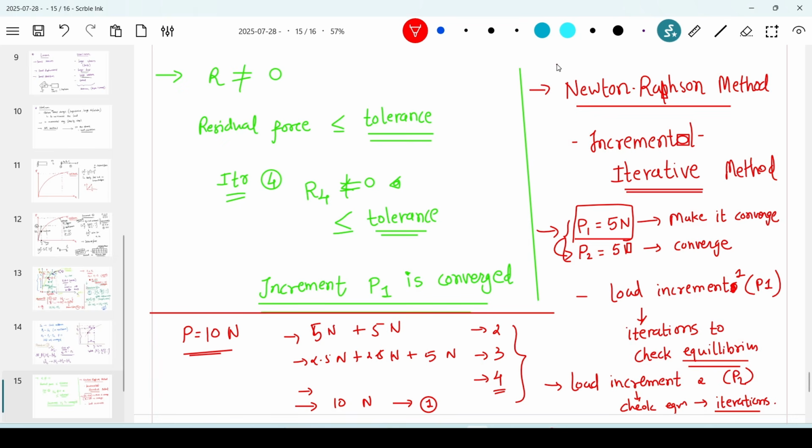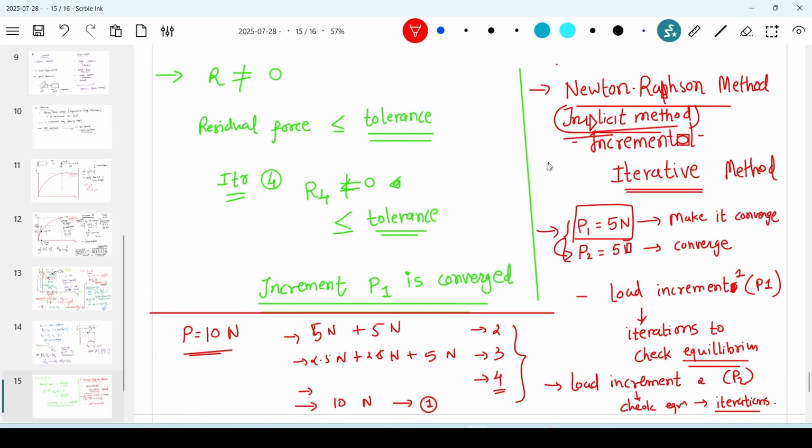This is also called an implicit method. Newton-Raphson is actually an implicit method. There are two FEA methods: one is implicit, to solve nonlinear solutions, and another is explicit. In implicit, they always do Newton-Raphson.